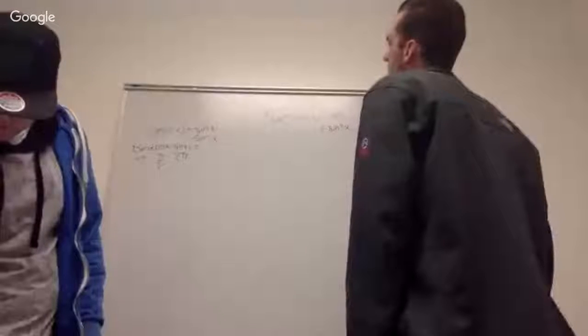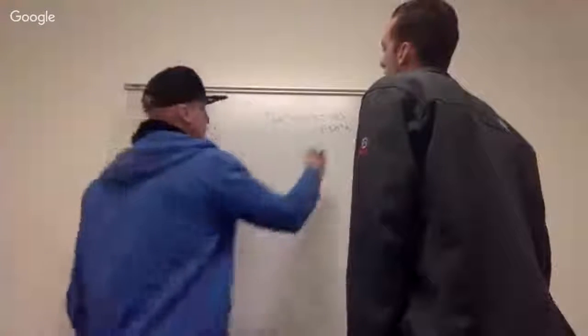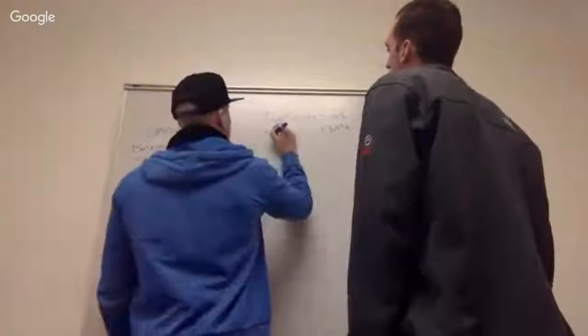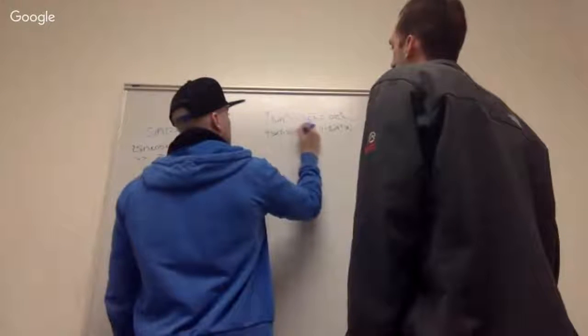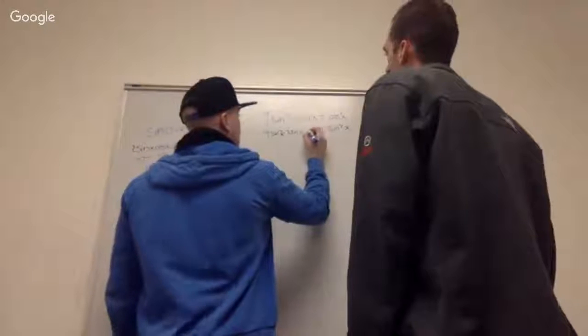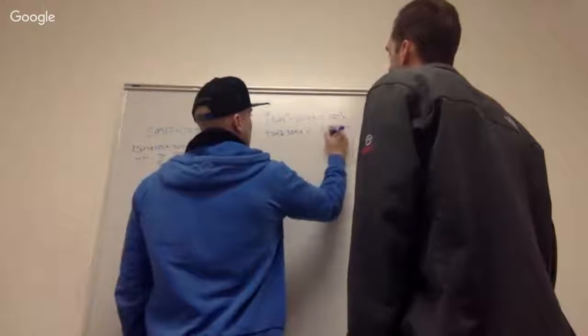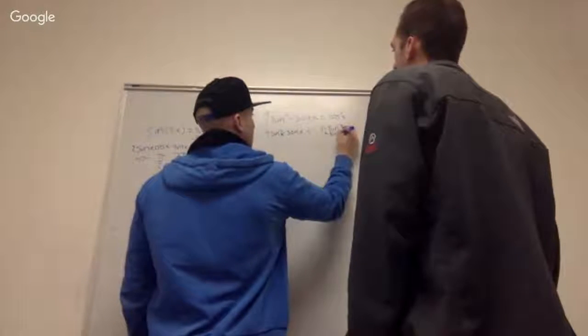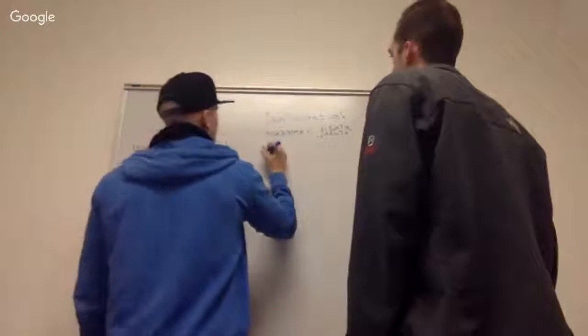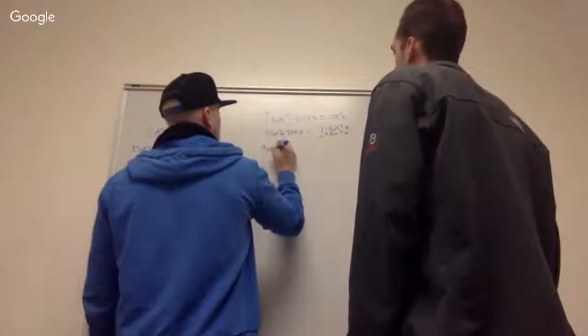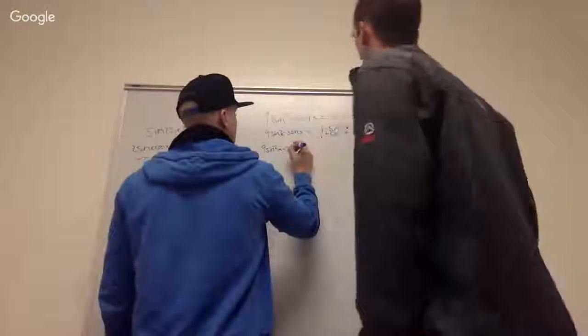Yep. So we got 9 sine squared minus 3 sine x equals that, plus that on each side. And then we're also going to minus that on each side. We get 9 sine squared x minus 3.